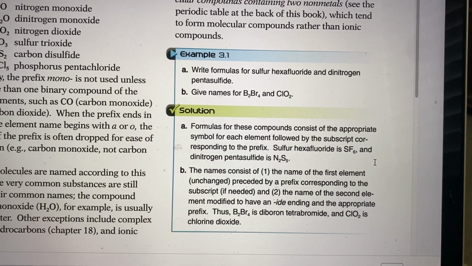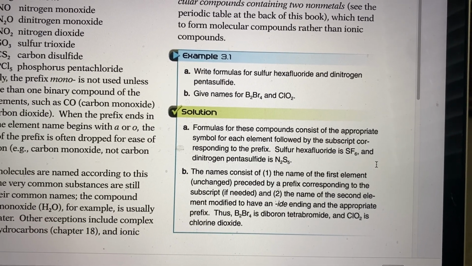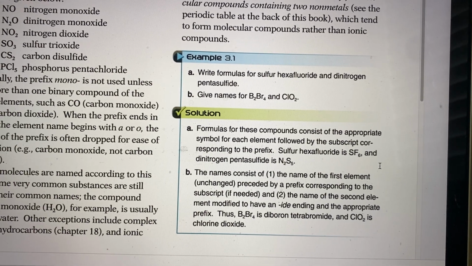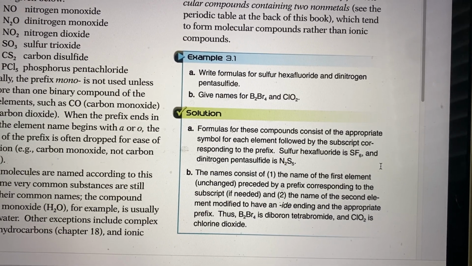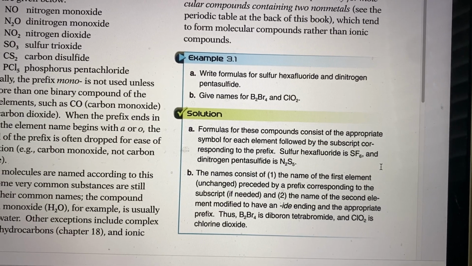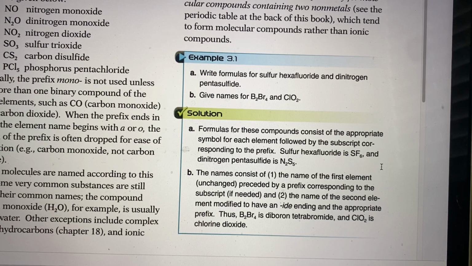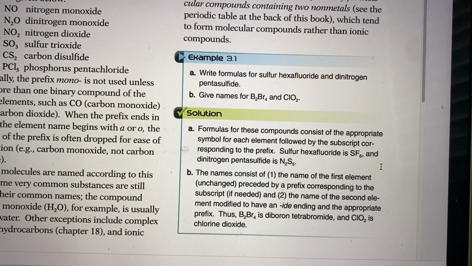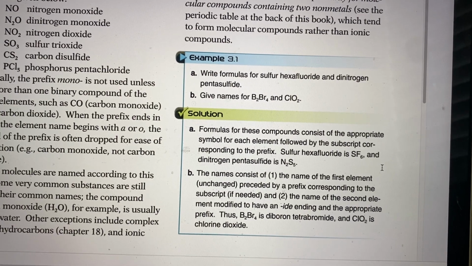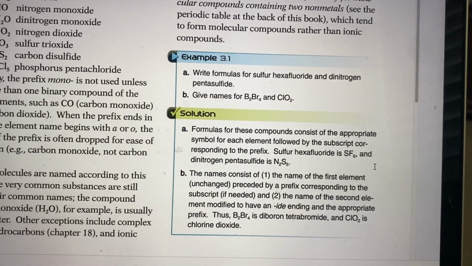Okay, we're going to go over a bunch more of those. So you just look at it, and first of all I always look to see what the numbers are, and then I make sure what the element is by looking back to page 19, where we have all those formula names, the abbreviation names. Okay, now let's look at this.